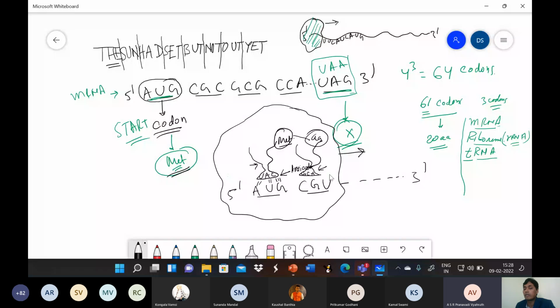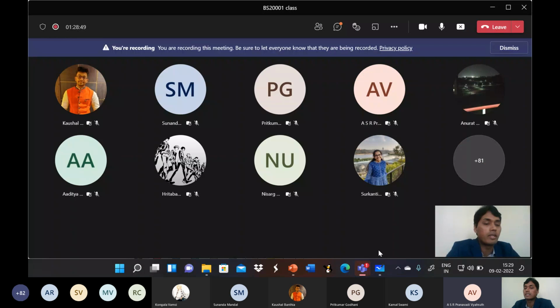So basically, you are transforming the information which is present on this mRNA. You are making a protein sequence, and finally this protein will fold into a 3-dimensional structure, and that will give you a particular function. So that's the idea.